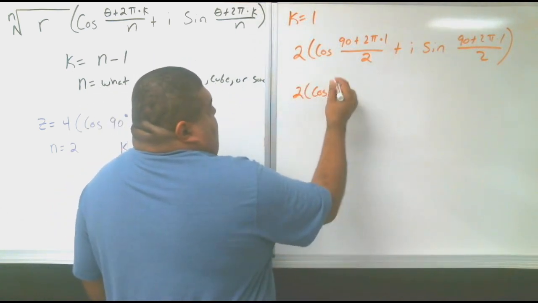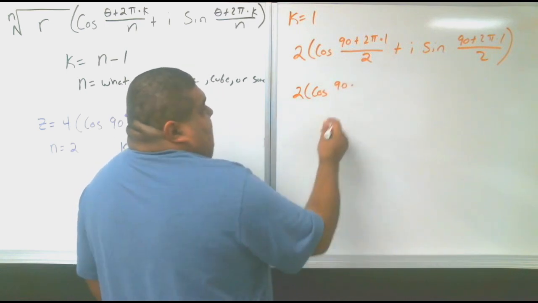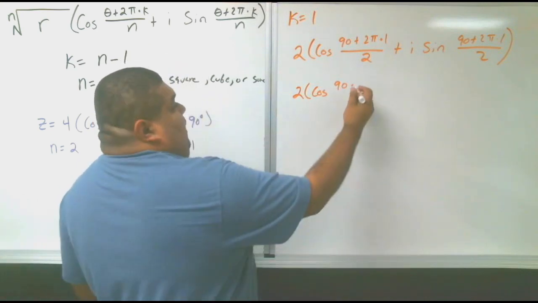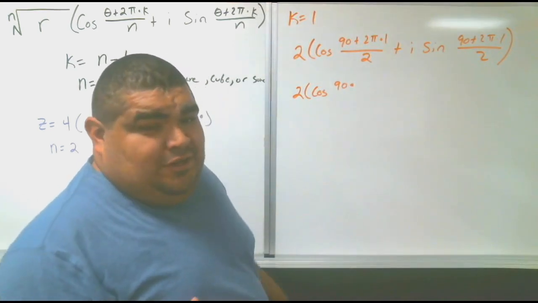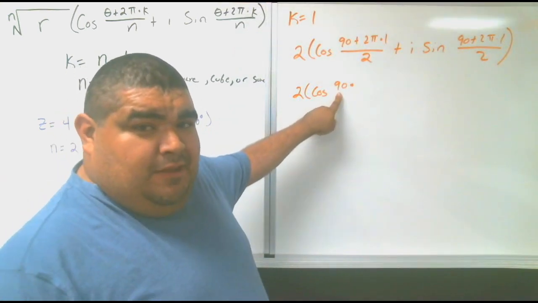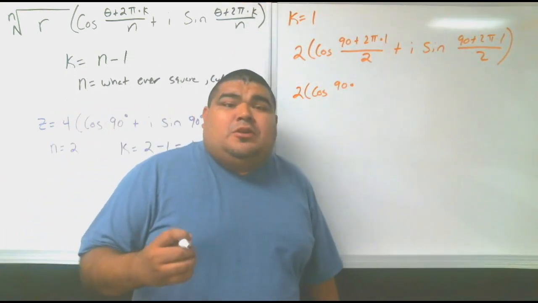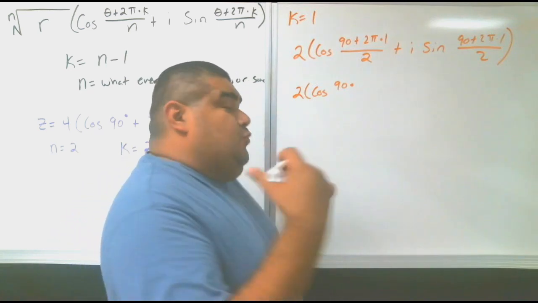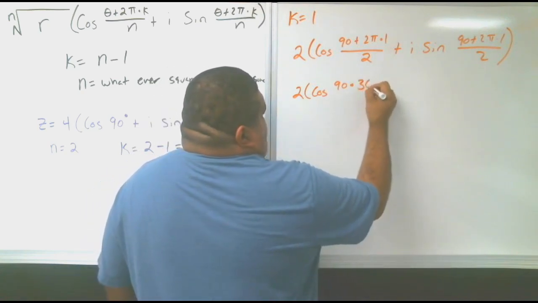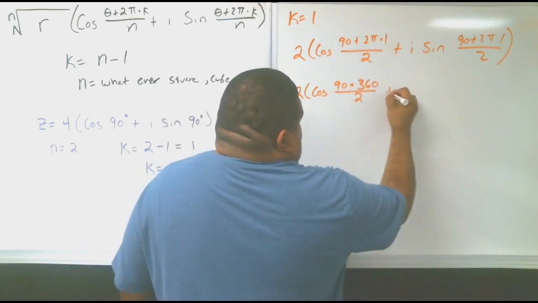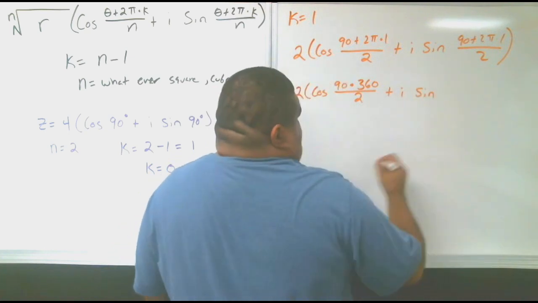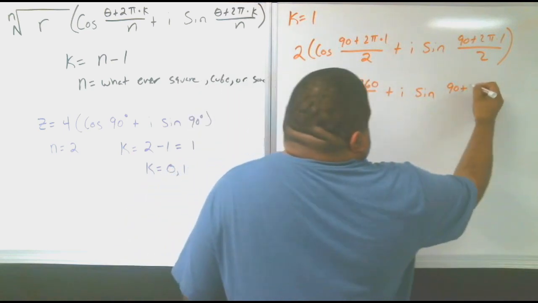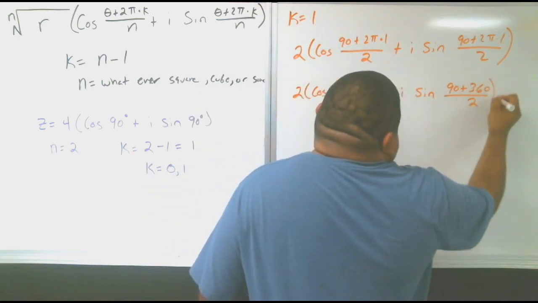We have cosine of 90 plus 2 pi times 1, which is just 2 pi. But instead of writing 2 pi, we can turn it into degrees since we're already dealing with degrees here. If you remember on the unit circle, 2 pi is 360, divided by 2, plus i sine of 90 plus 360 over 2.